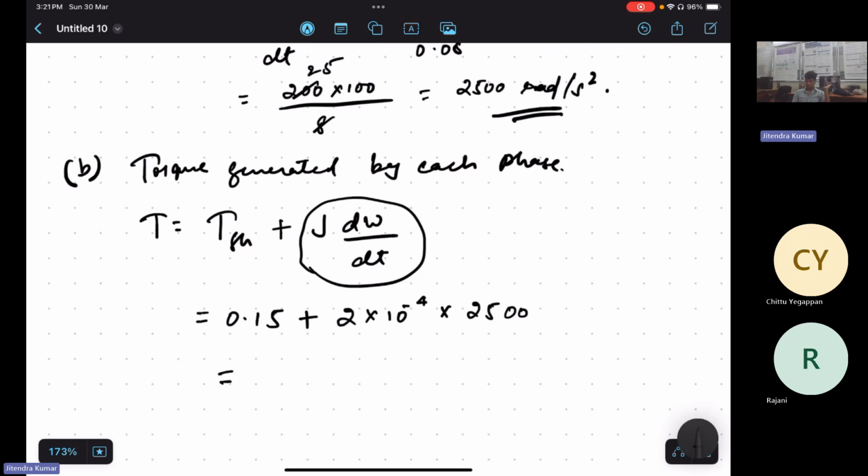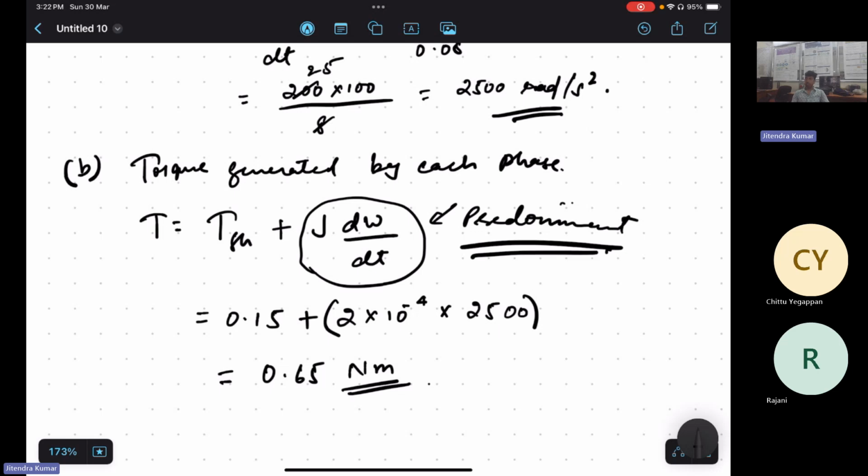How much will this come out to be? 0.65, sir. 0.65. Yes. So this component is predominant here. So how much torque, how much acceleration you will require, that will vary according to the second term, right? That's why it is also known as dynamic torque.